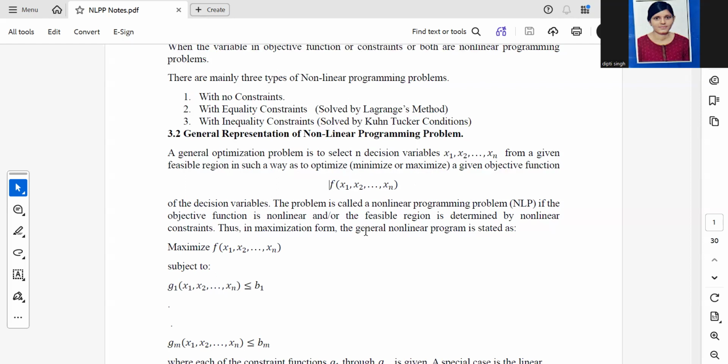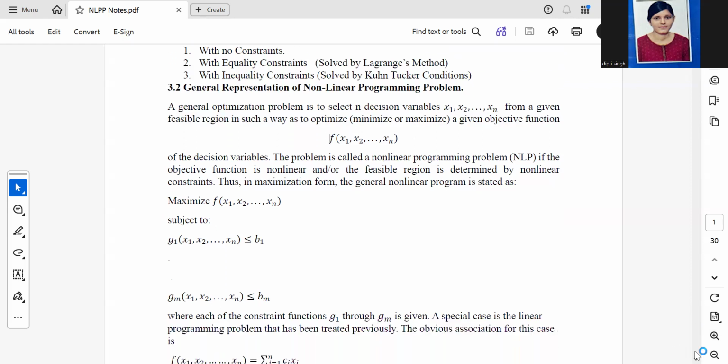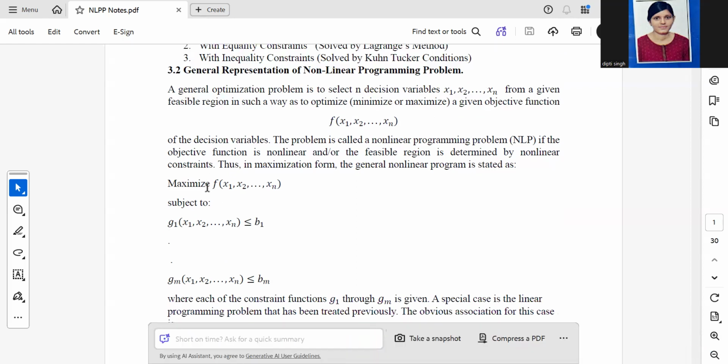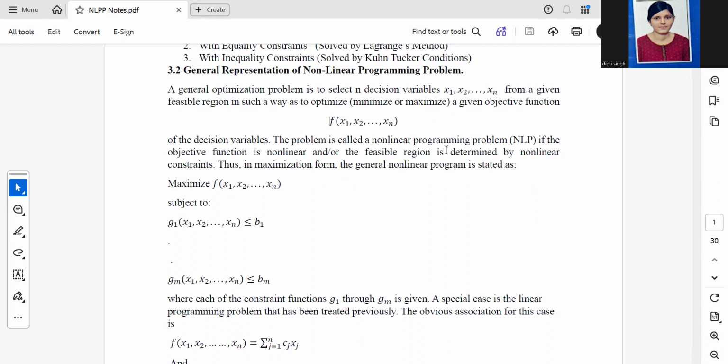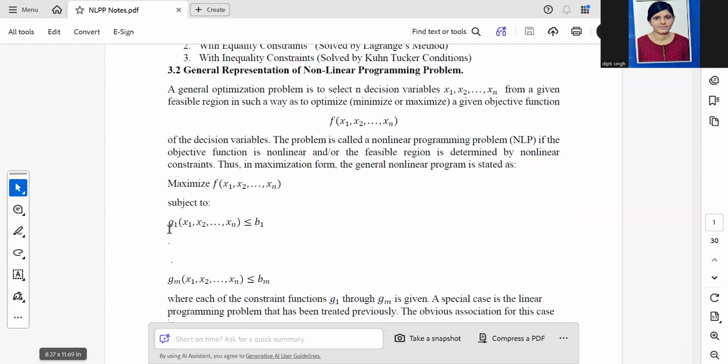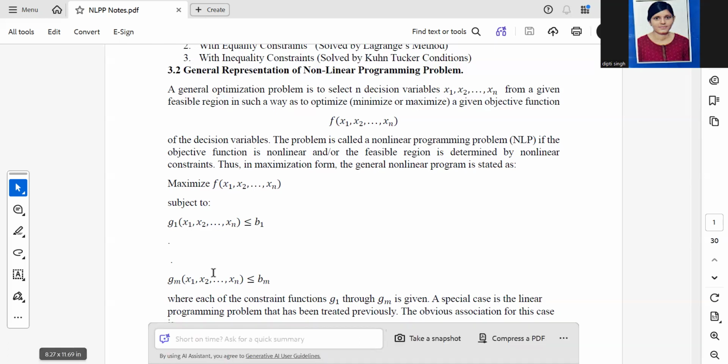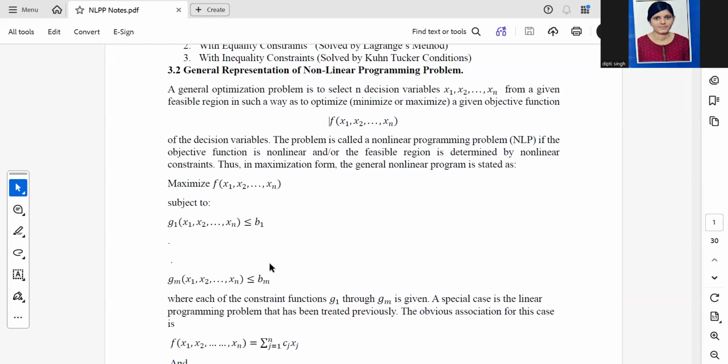The general nonlinear programming problem can be written as maximize, or you can write minimize, a function of x1, x2, and so on up to xn, subject to the constraints g1 of x1, x2, up to xn less than or equal to b1, and likewise gm of x1, x2, up to xn less than or equal to bm, where g1 to gm are all the constraints.